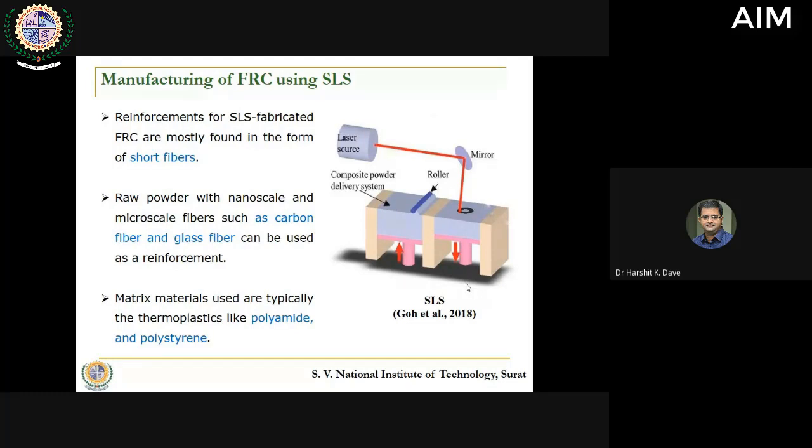Usually carbon fibers and glass fibers are used as reinforcement with the SLS process, and polystyrene or polyamide are the widely used materials as far as the SLS process is concerned. So these are four ways in which fiber reinforced composites are being fabricated.